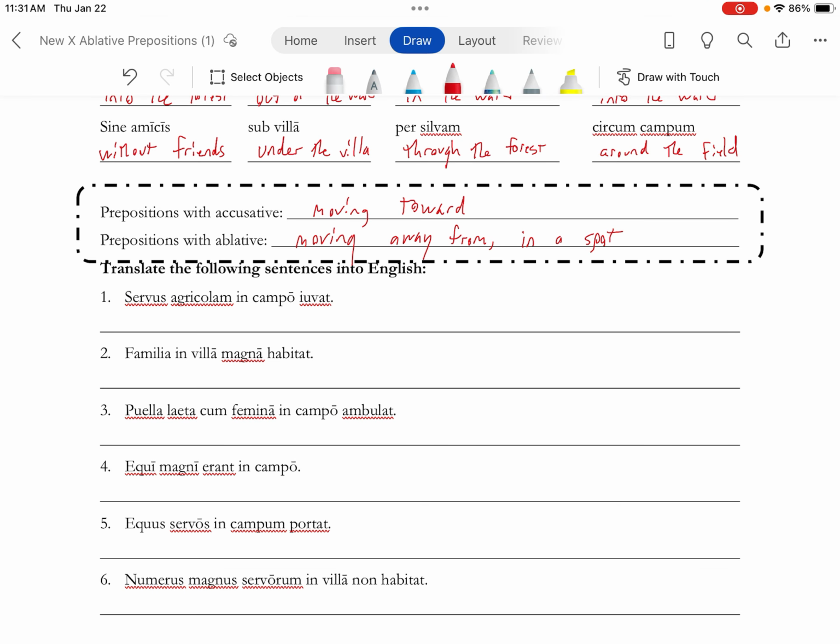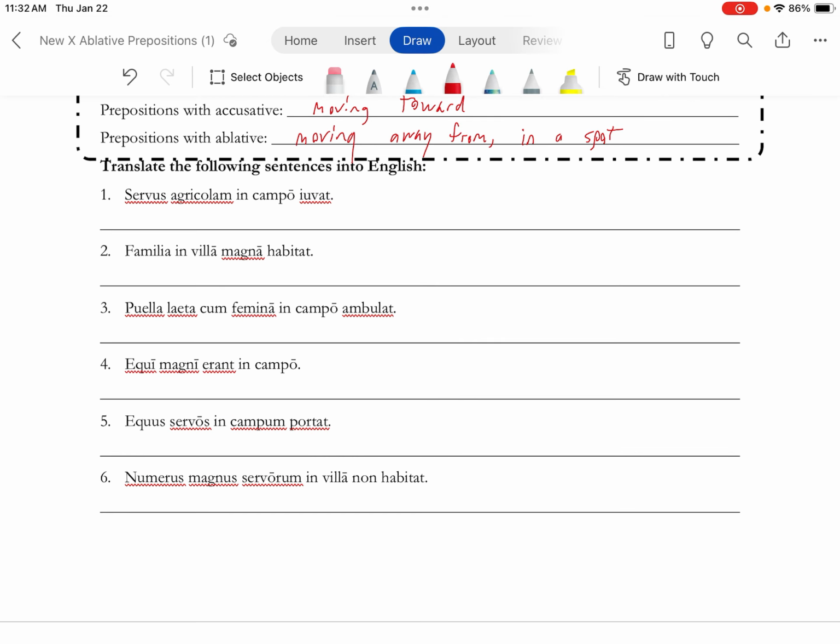So if you take a classroom, he is walking into the classroom, moving toward, that's going to be accusative. He is in the classroom. You're in a spot. That's going to be ablative. And if you are moving away from or leaving the classroom, moving away, that's going to be ablative.